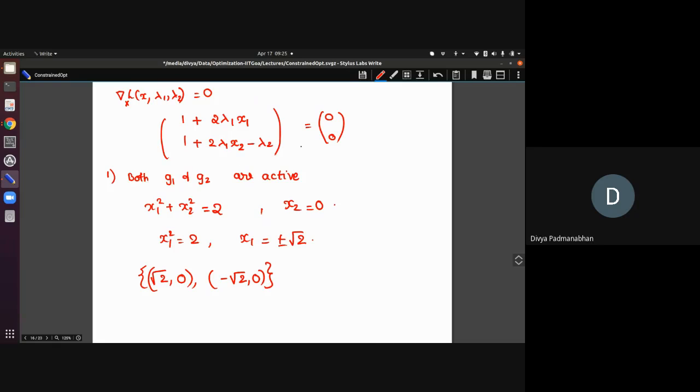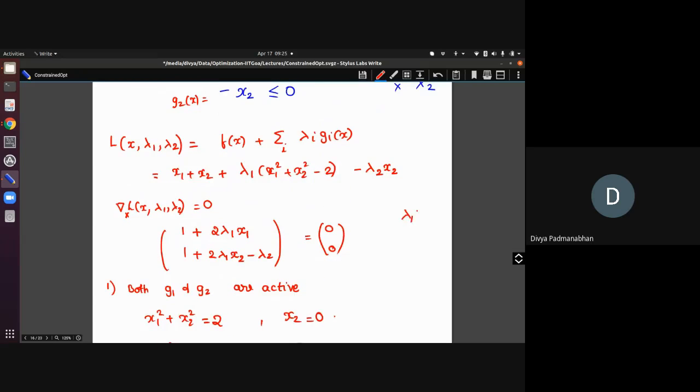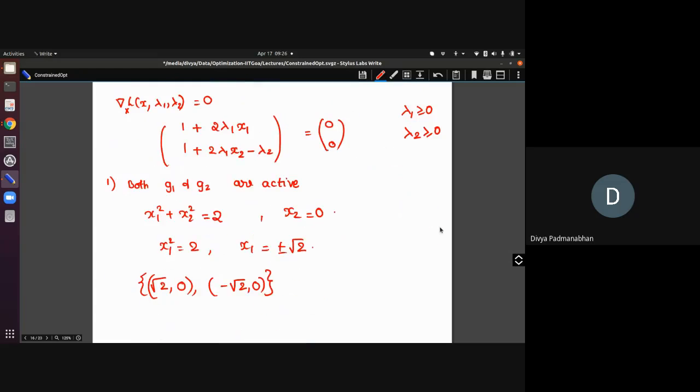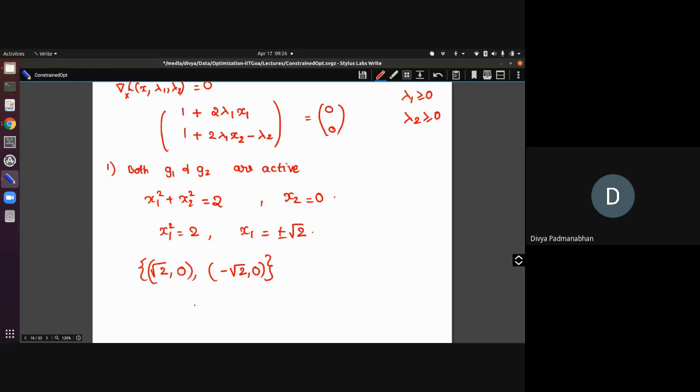Now let's see what happens when you substitute the value here. Let's try to find lambda 1 and lambda 2. Here you also should have lambda 1 greater than or equal to 0, lambda 2 greater than or equal to 0. When you substitute this, what do you get? x2 is 0, so what can you say about lambda 2? Lambda 2 is 1. Let's take first the point root 2, 0. So lambda 2 is 1.